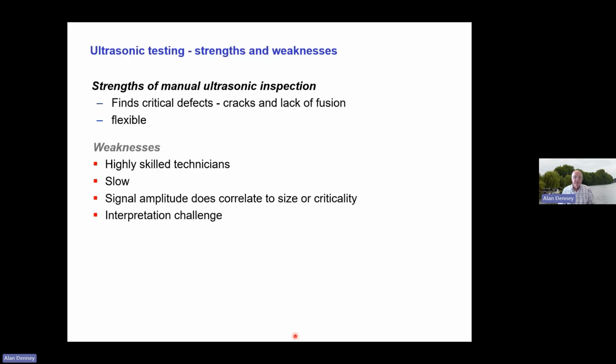And the signal amplitude, what you see back, although you've plotted that nice distance amplitude correction curve, the amplitude of the signal you get back doesn't exactly correlate with the size or the criticality of the defect. And traditionally, the reporting was paper-based or somebody filling in a report sheet.